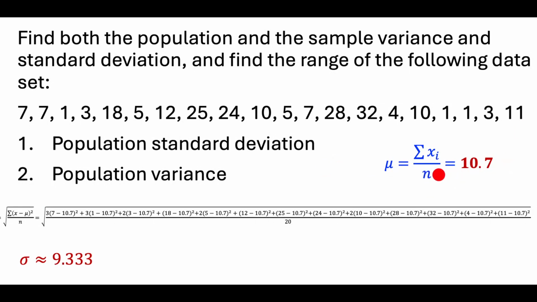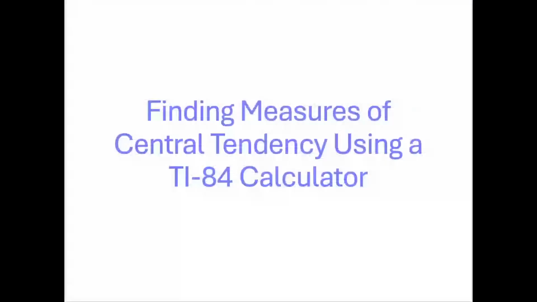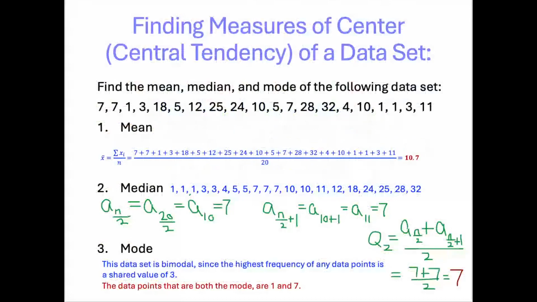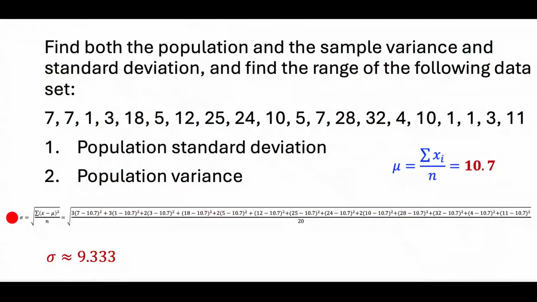We have 20 data points. This was the calculation that we did for that. So the sample mean was 10.7, but in this case, the sample mean and the population mean are the same. It's just 20 data points. So by hand, this is how we do that calculation.